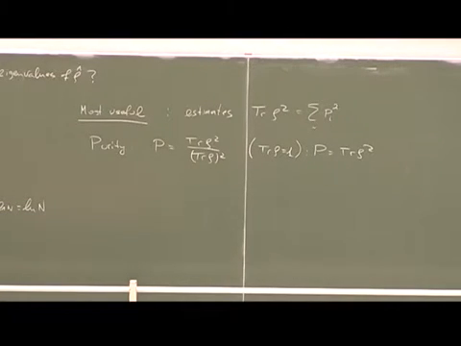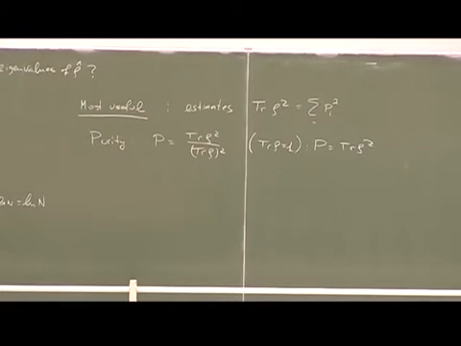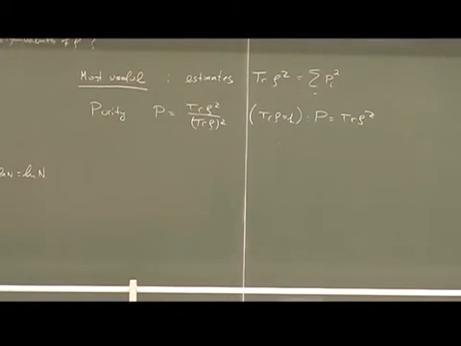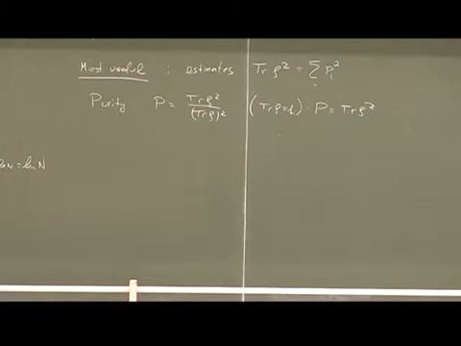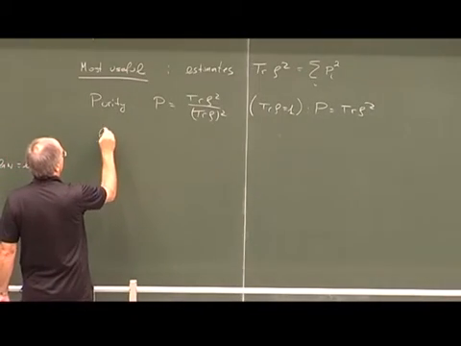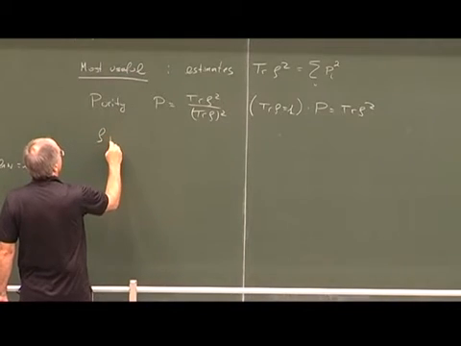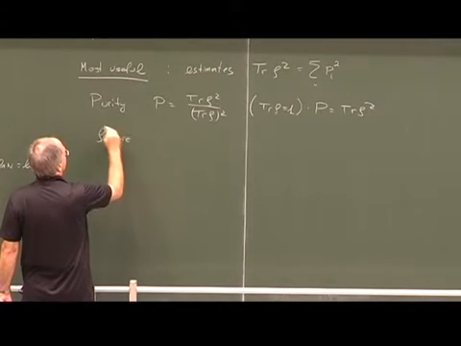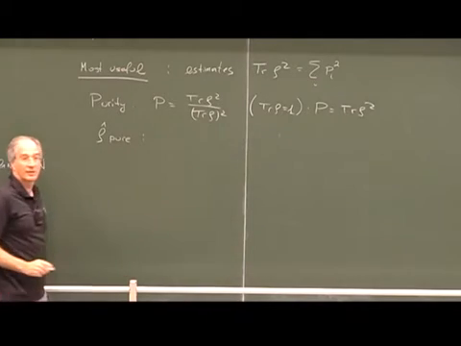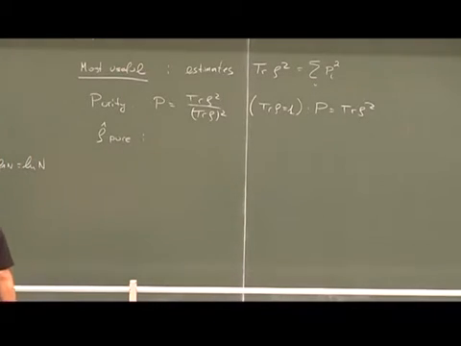Now let's see, in this case, what is the value in the two extreme cases. So if rho is pure, what is the purity? You can do this calculation in your head. 1. Good.